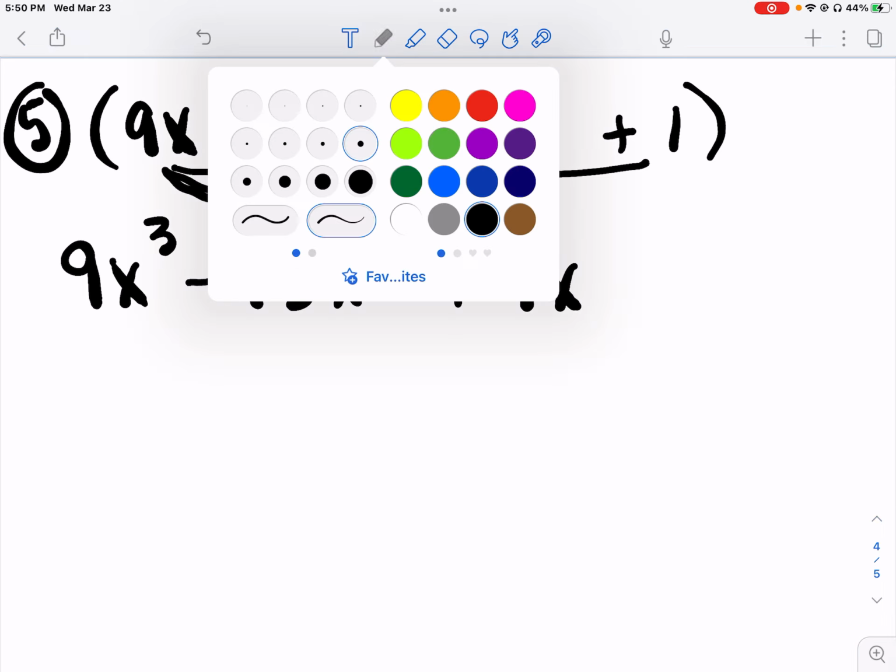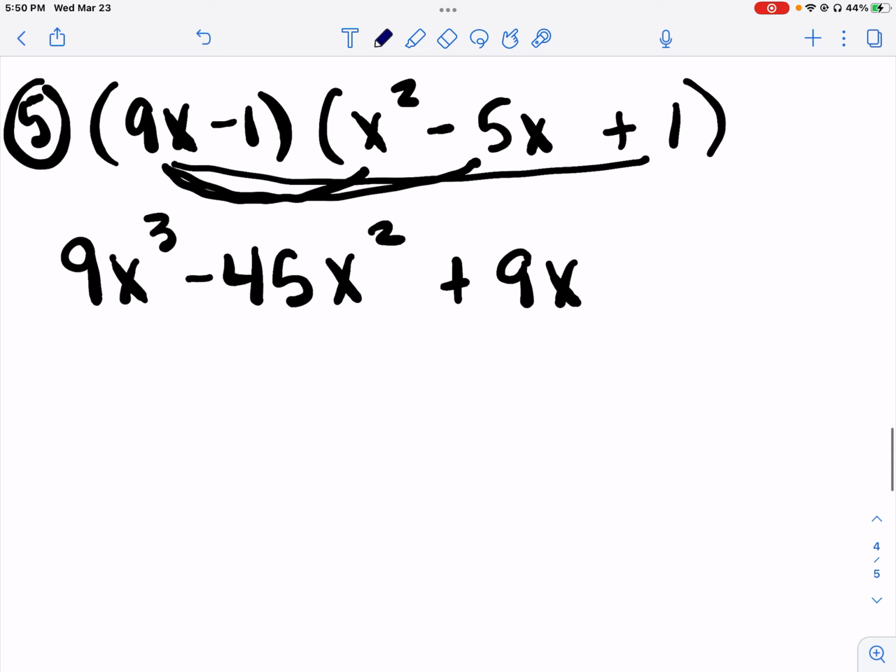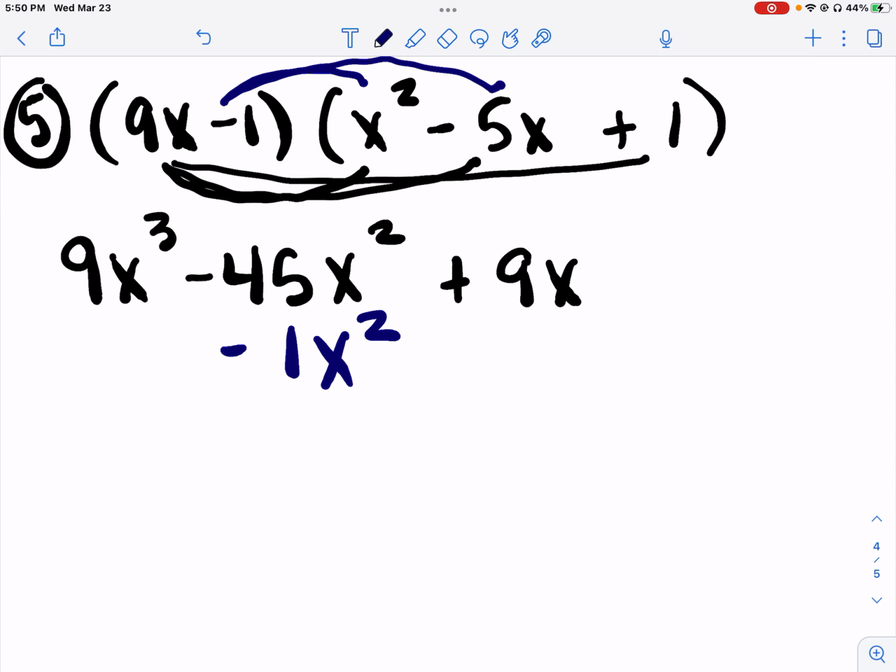Okay, now I need to distribute the negative 1. Negative 1 times x squared, and I'm going to line that up with the like term. Negative times negative is positive. Negative 1 times 1, negative times positive is negative.